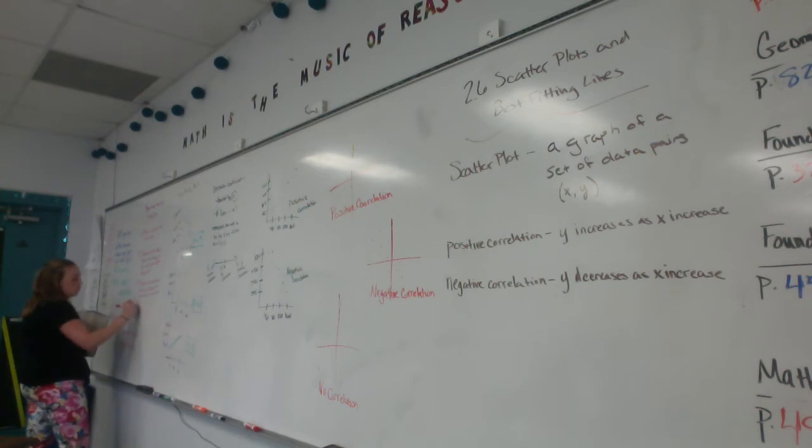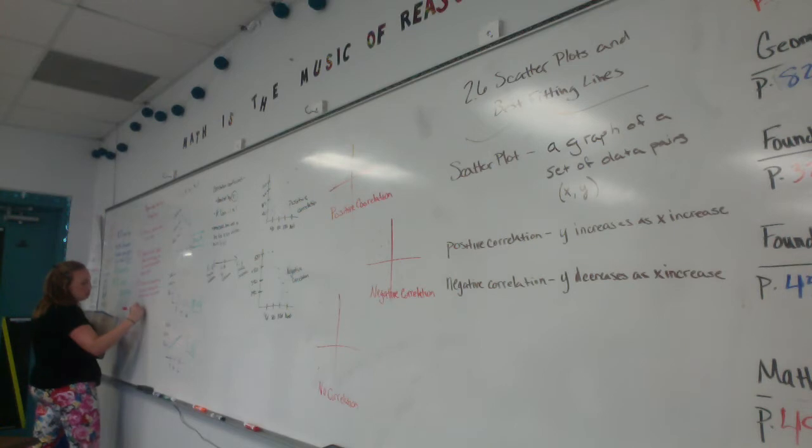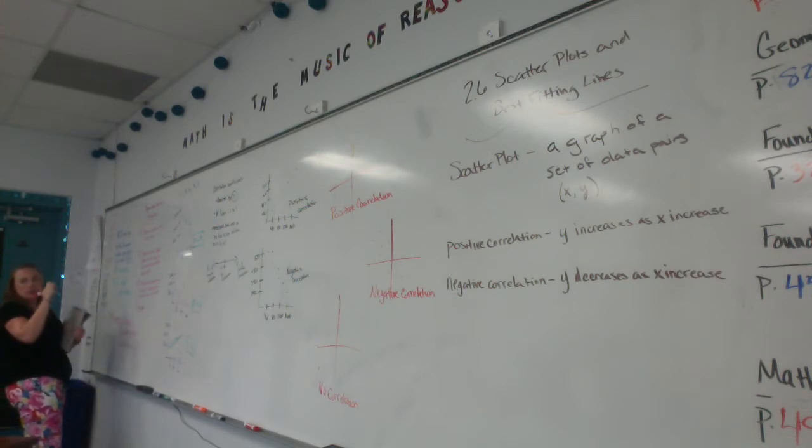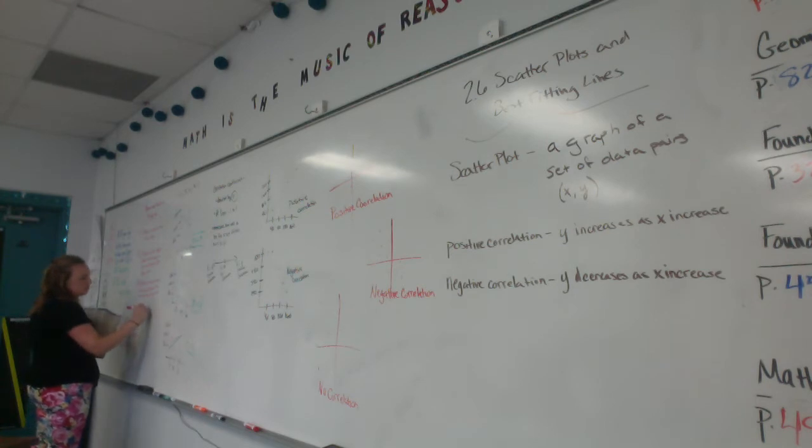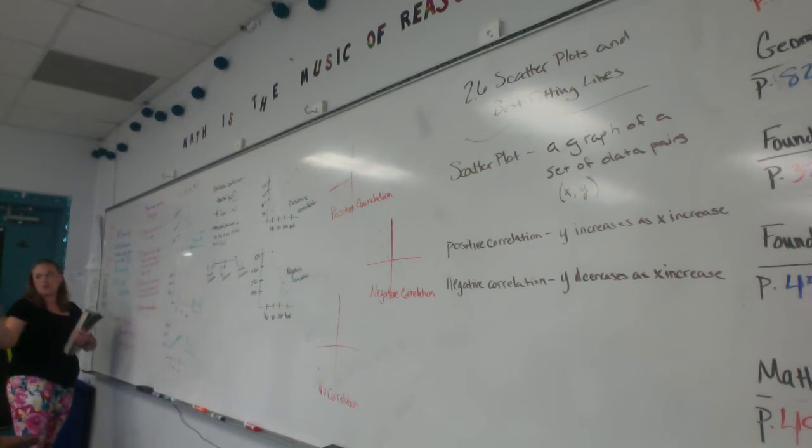Step 4 is then write an equation, which means if you have 2 points, what type of steps are you going to have to take to write an equation? Slope formula. Yeah, you're going to have to find slope first and then use point-slope formula.